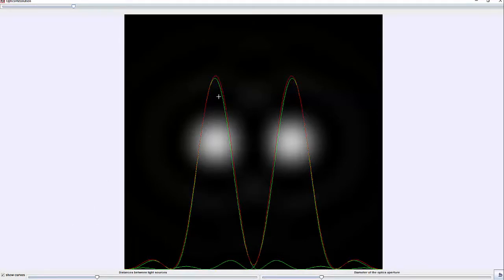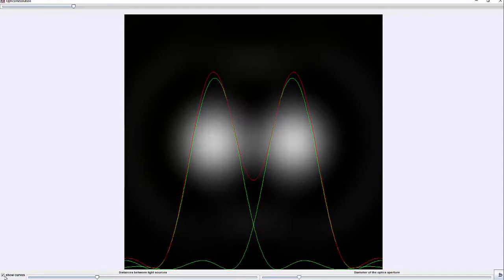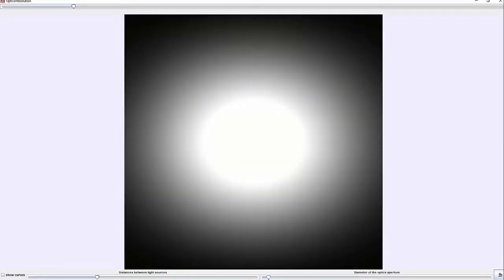And it also shows the light curves that are produced by the light from the different sources. If I decrease the diameter, I'm going to turn off the light curves, they may just confuse you. If I decrease the diameter of the instrument that we're looking at these two sources with, at some point you can't tell that there are two sources anymore.